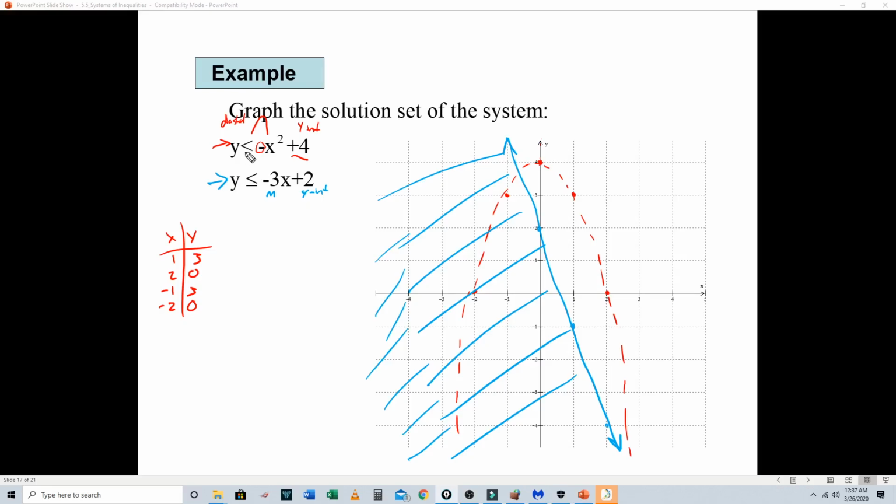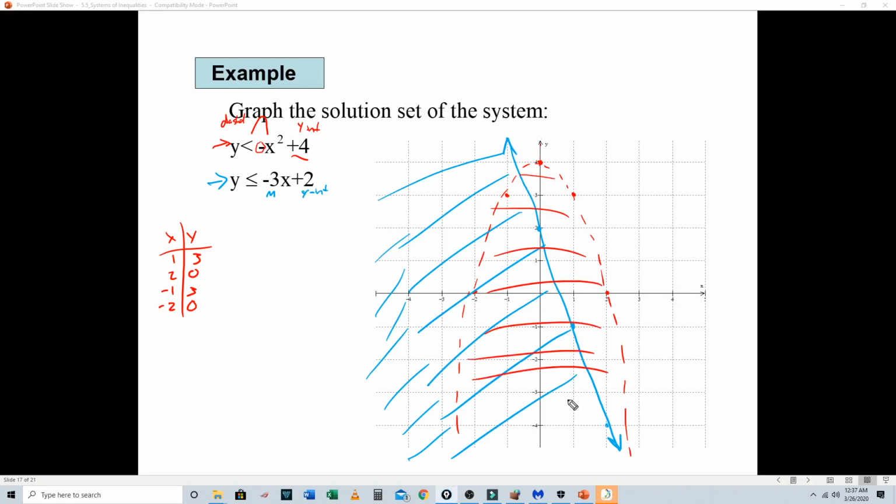Now less than is going down, basically not going up. If it was outside, it would actually be going up. So if it's outside the red dashed line, it would be going up. Less than, it's inside. So we'd have to shade inside.